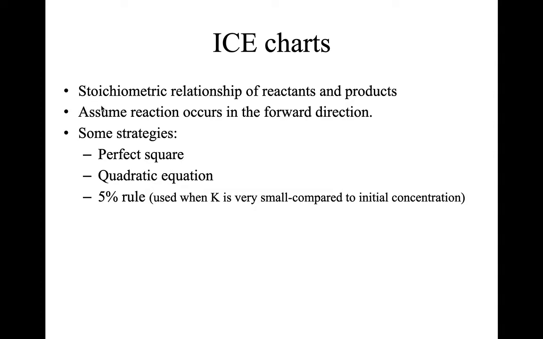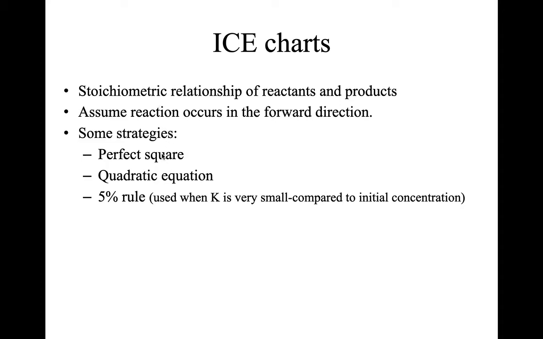So there are a couple strategies that you can use. Typically, you'll assume that the reaction is occurring in the forward direction, that the reactants are decreasing by some amount x, the products are increasing by some amount depending on the stoichiometric relationship, depending on their mole ratio in the chemical equation.